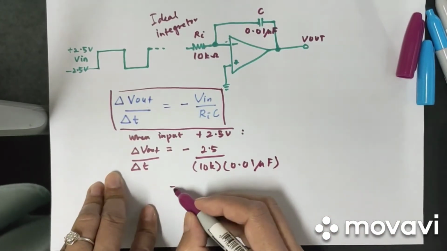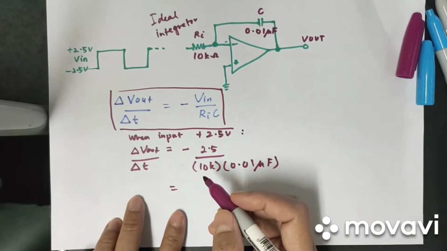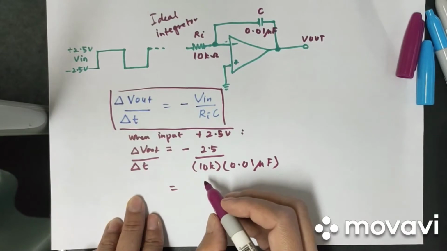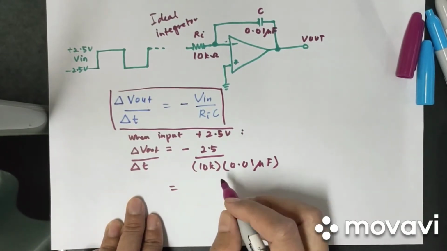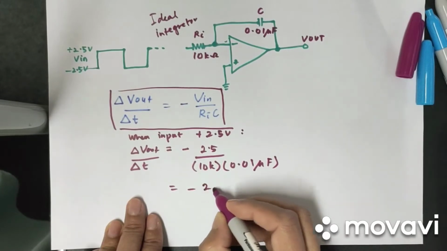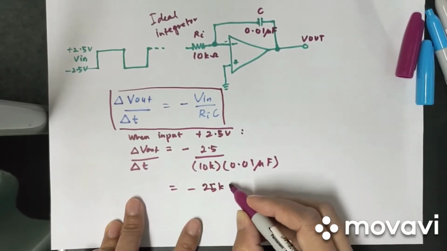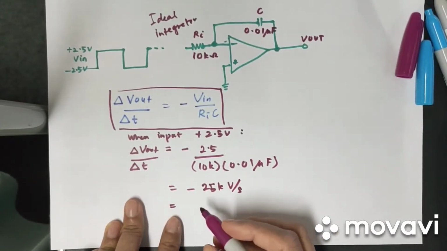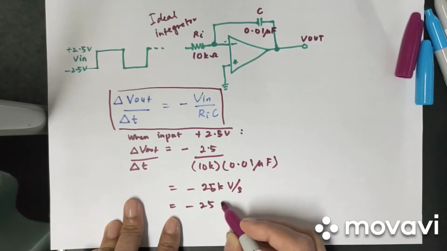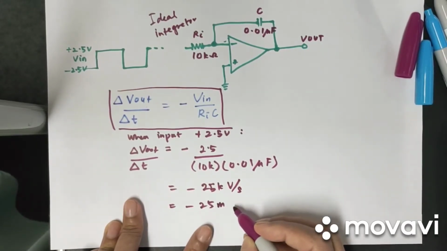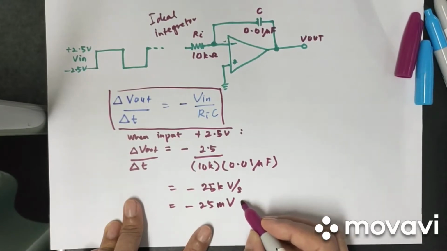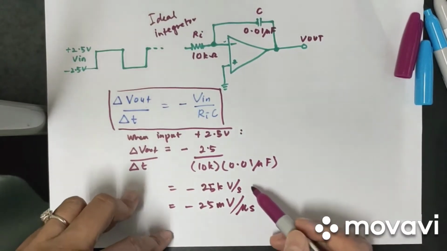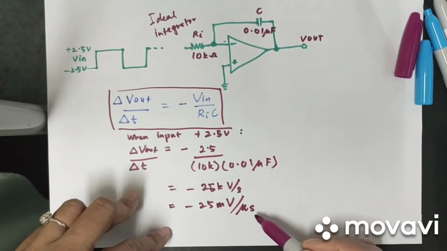So you will get the answer as negative 25 kilovolt per second, or this is simply 25 millivolts per microsecond. So you have to be careful with the unit conversion.